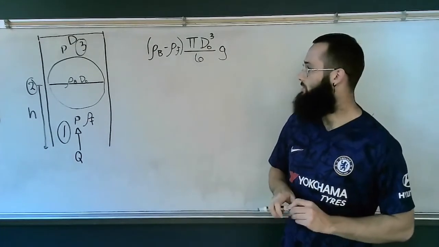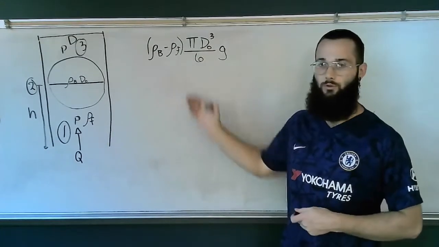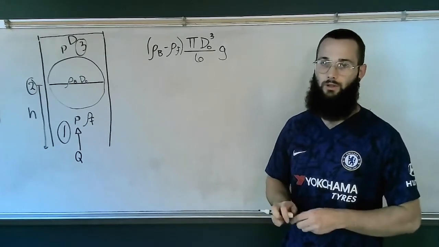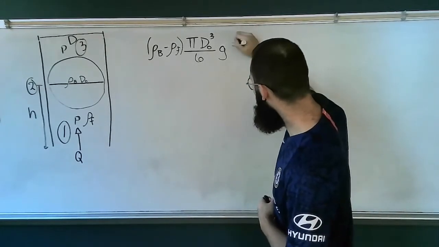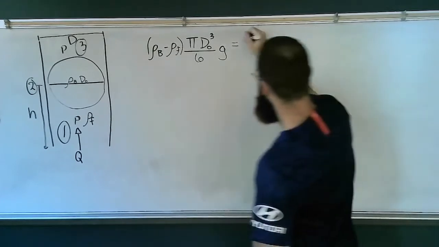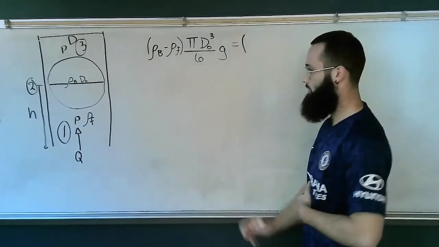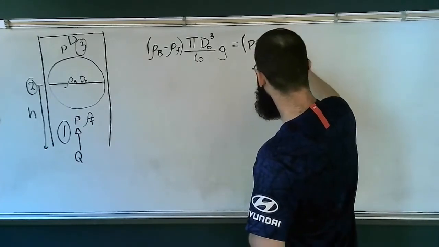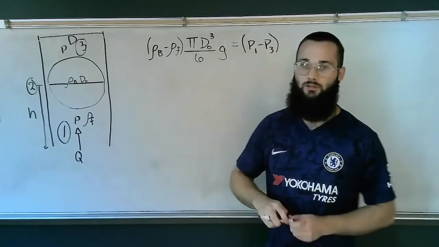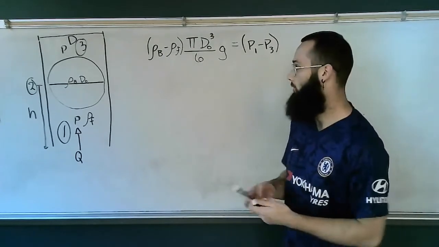The difference in pressures basically has to be equal to the weight of the ball, because these are the only forces in play. So we'll set the weight equal to the difference in the pressures, P1 minus P3, times the cross-sectional area on which they act on the ball.